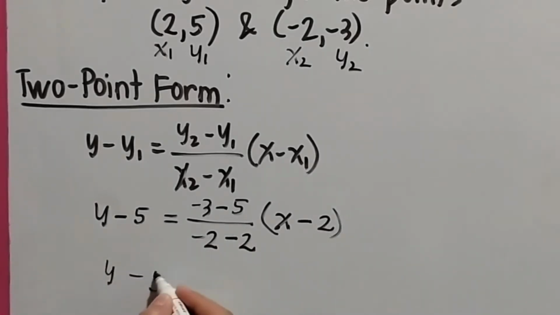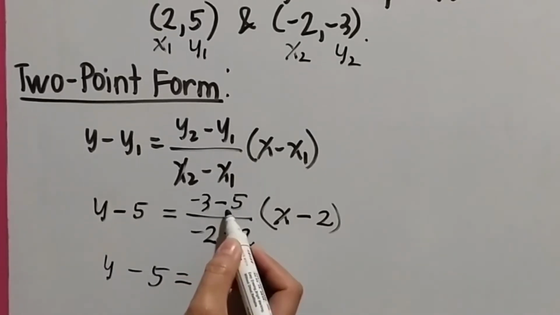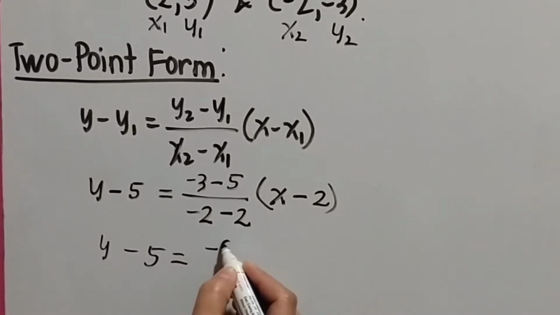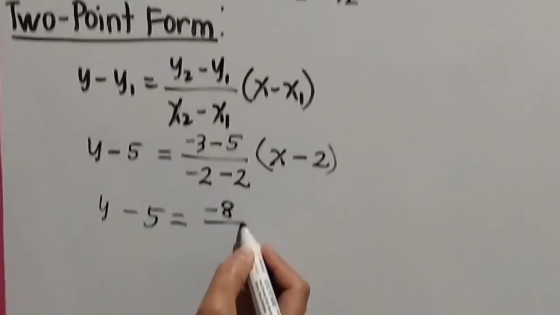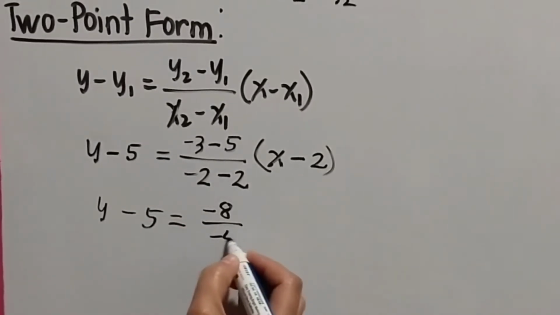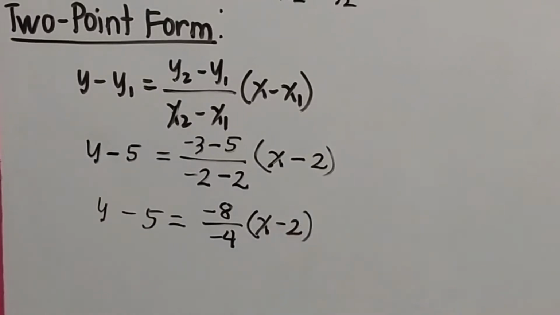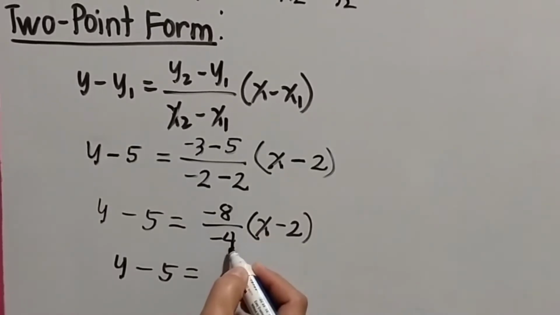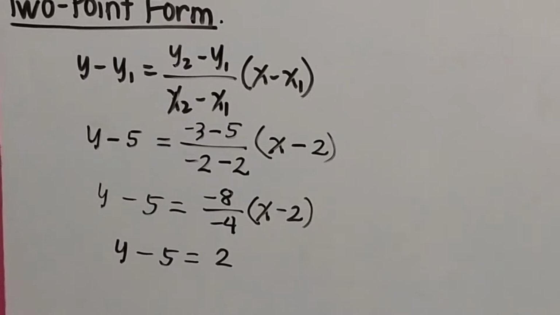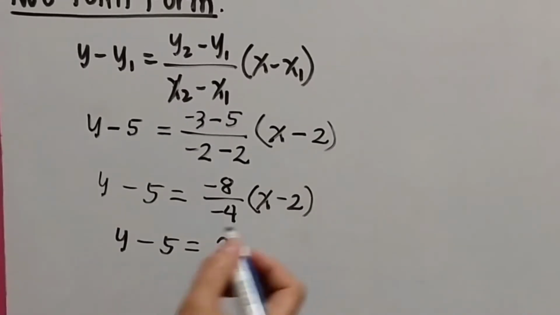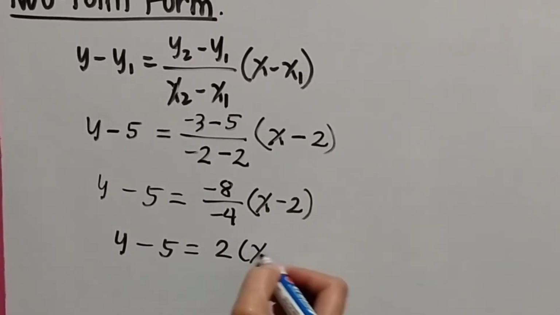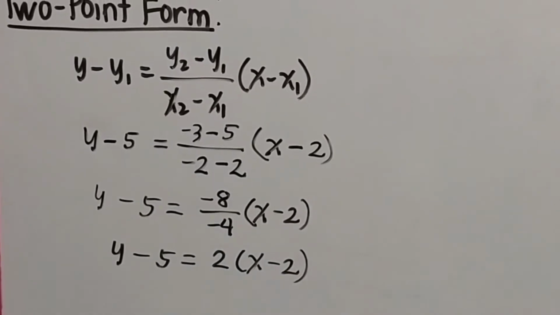We have y minus 5 equals negative 3 minus 5 will give us negative 8, over negative 2 minus 2 is negative 4, times x minus 2. Okay, let's see. We can simplify this. So we have y minus 5 equals negative 8 over negative 4 will give us positive 2, because negative over negative is positive, so times the quantity x minus 2.